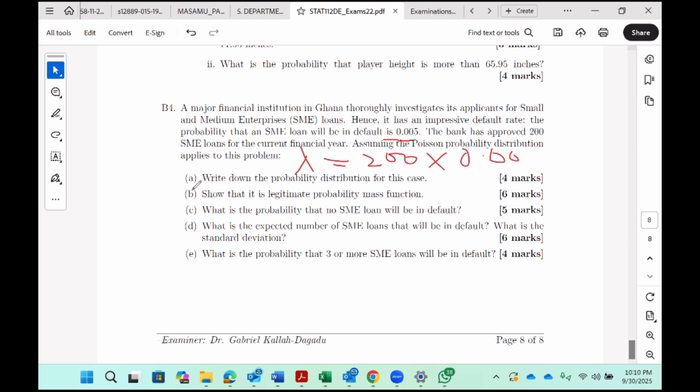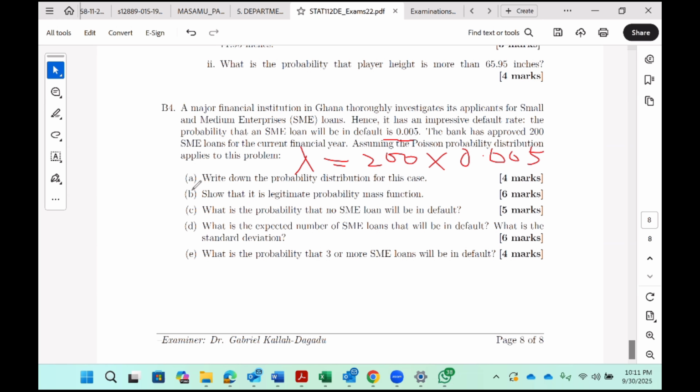That lambda will help you to write your Poisson distribution. Then show that it is a legitimate probability mass function. We learned how to prove that for Poisson, so you can also do that as well.